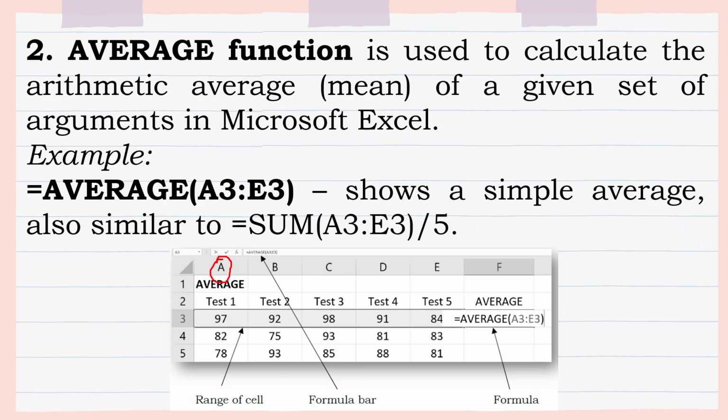We have column A, row 3. So we have 97, 2, since we're using the colon, to E3, so that is column E, row 3. That means all these numbers are included in the computation.